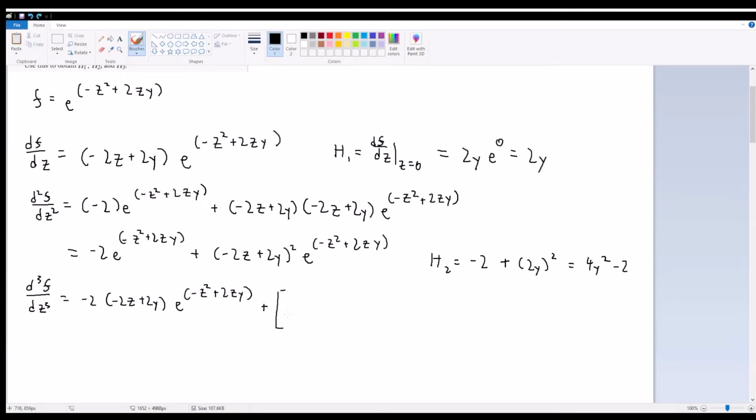So this is going to give us 2 times negative 2z plus 2y multiplied by the derivative of this inner term, which is going to be negative 2 because we're using chain rule multiple times here. And then we're multiplying by e to the power of negative z squared plus 2zy.